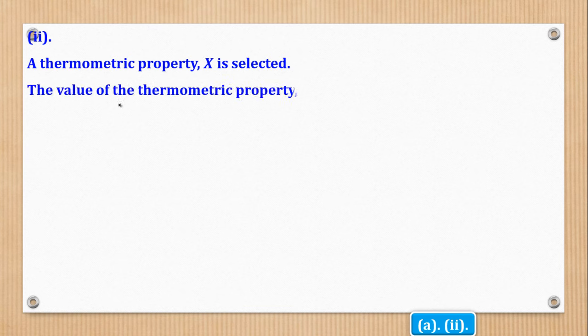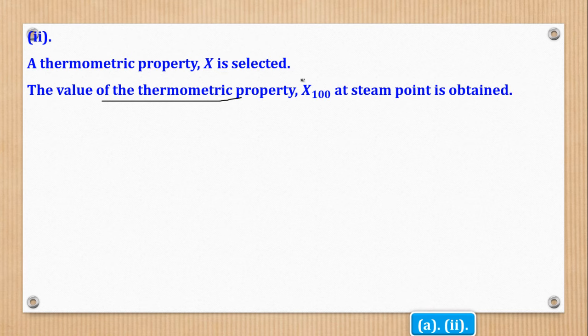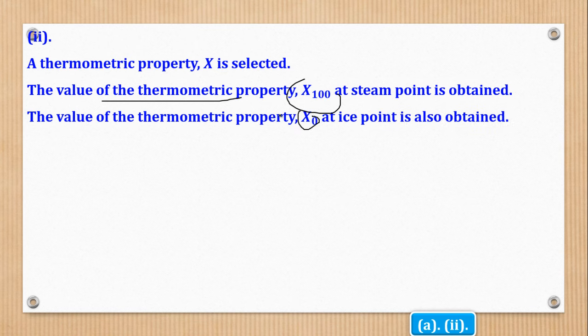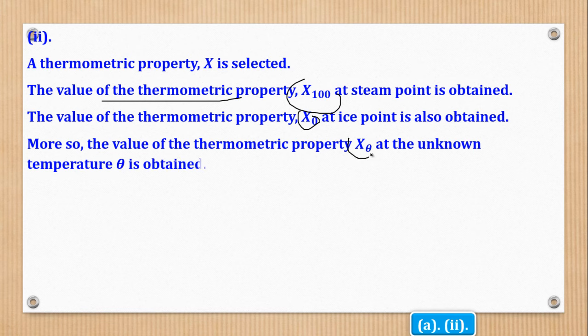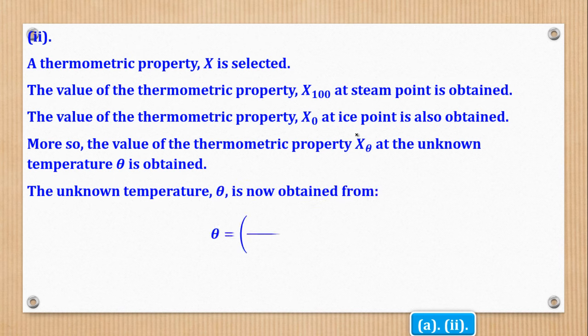Then from there, you have to get the value of that thermometric property at steam point. Also get its value at ice point. And also get its value at the unknown temperature. After doing that, you can now calculate the unknown temperature using that formula. And basically that's what they wanted.